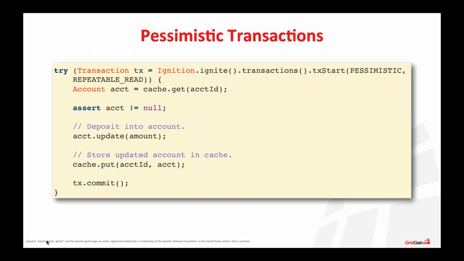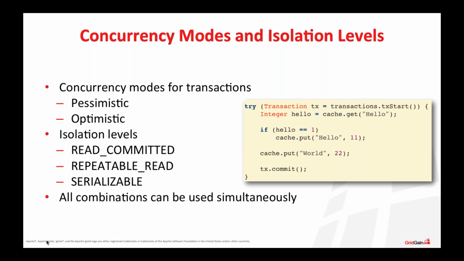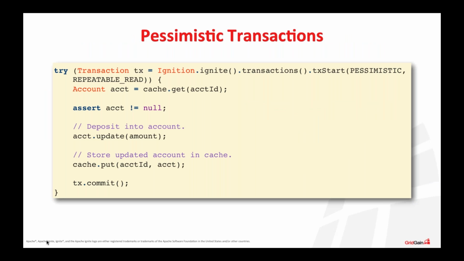Okay, so here's an example of a pessimistic transaction, a very simple piece of code. Now, as you can see here, I mentioned previously that we can combine the repeatable read, read committed, or serializable with either pessimistic or optimistic. And so in this particular example, we've got a transaction where we are starting pessimistic mode with repeatable read.